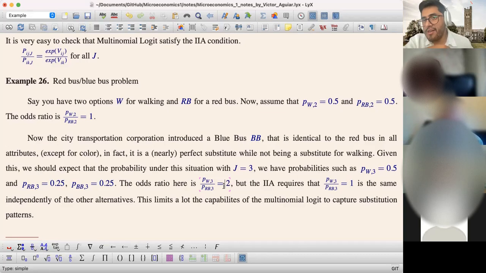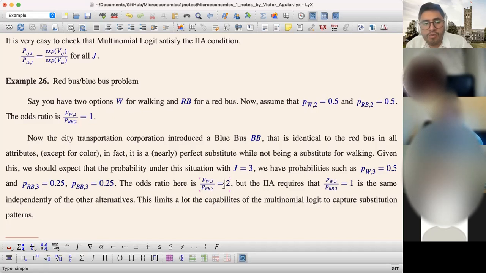So this seems to be something sensible, right? This is not data. This is not a logical paradox. It's just a thought experiment. And the thought experiment is telling me, look, it is reasonable to think that if I introduce a duplicate, a blue bus, it shouldn't take away share from walking, right? It should only take away share from the red bus.